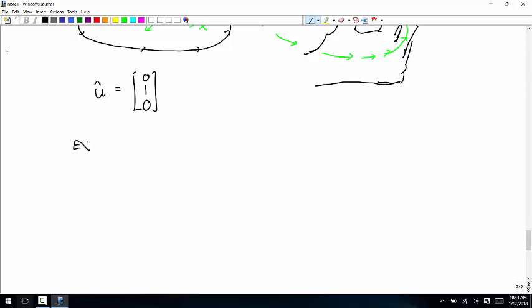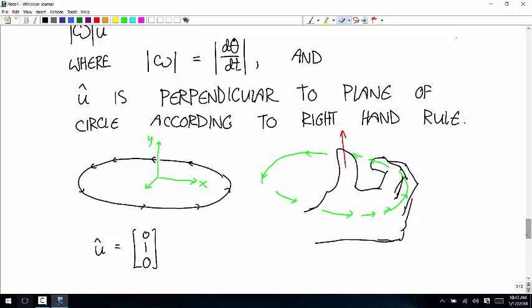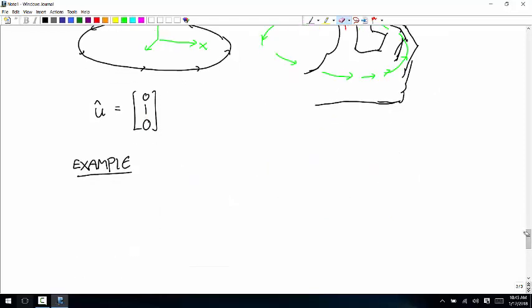Okay, so here's another example. So let's say an object moves at 1 revolution every 2 seconds.